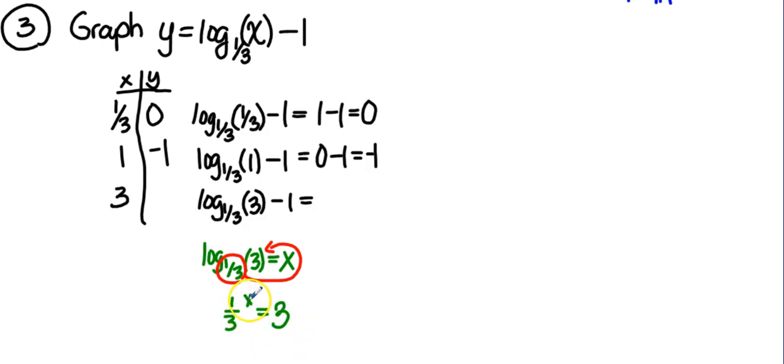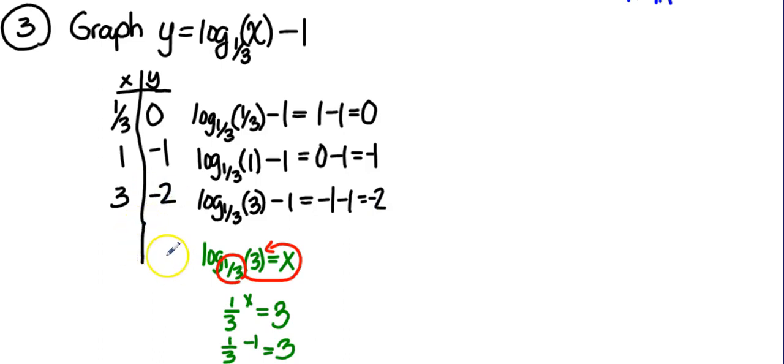So what exponent would force 1/3 to flip so I get the reciprocal of 3? And that math fact is 1/3 to the -1 equals 3. So log base 1/3 of 3 equals -1, minus 1, I get -2.